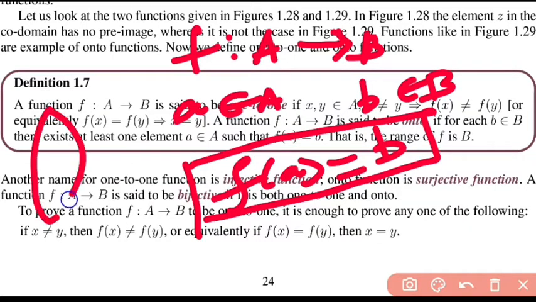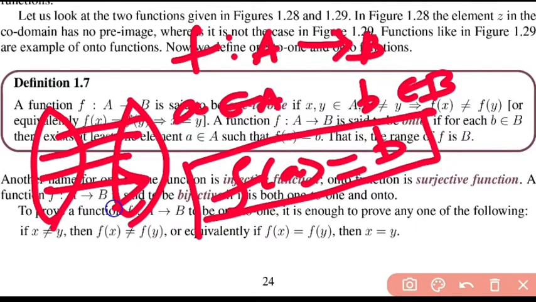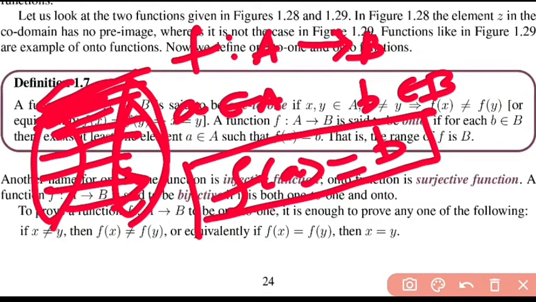Or in the diagram, if all the mappings are there, all elements have the pre-image, all images have the pre-image, then it's an onto function. If any one element does not have the pre-image, then it's called not onto function.